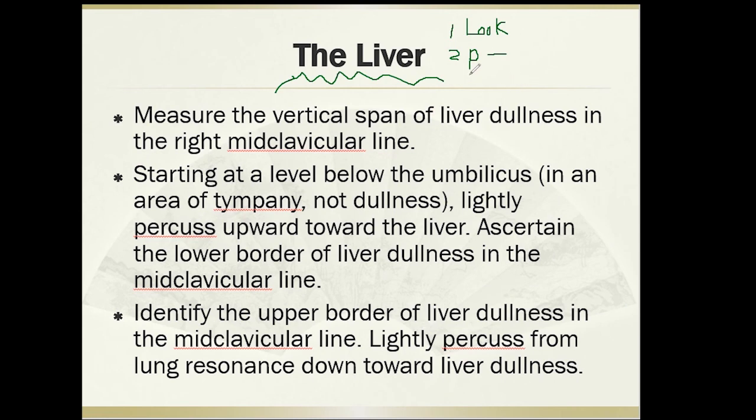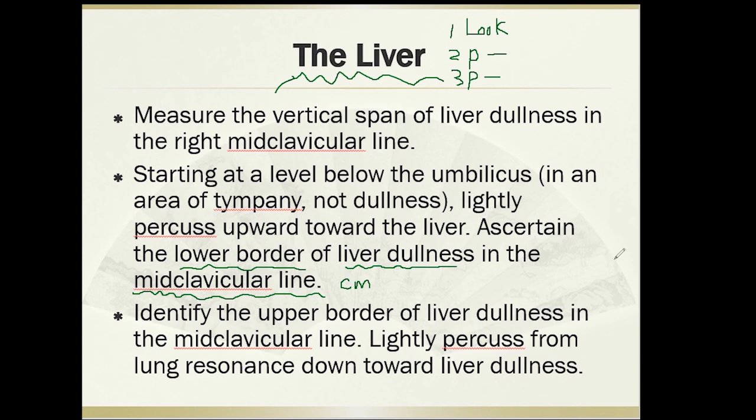And then there is percussion. With percussion, we find the dullness, that's the liver. Basically we still calculate how big it is by the midclavicular line, like how many centimeters below the rib cage in the midclavicular line area.